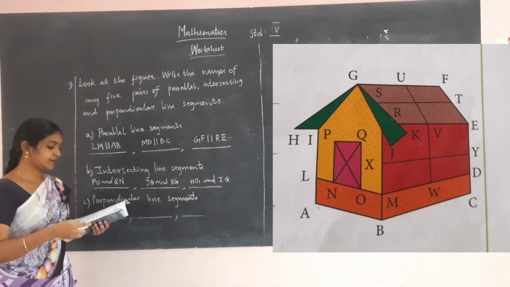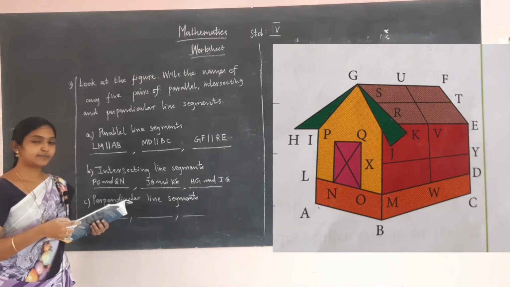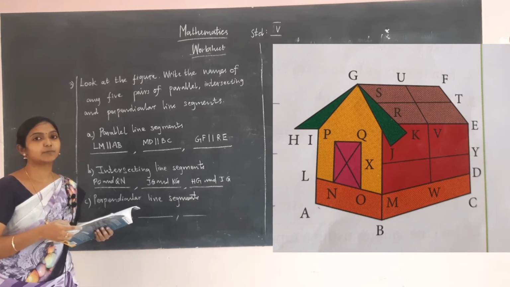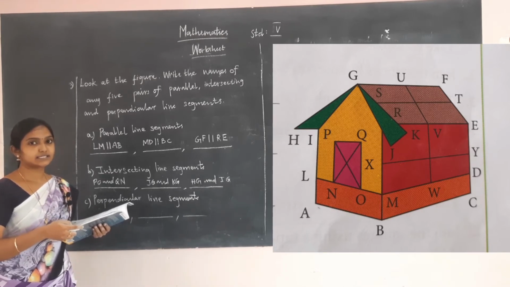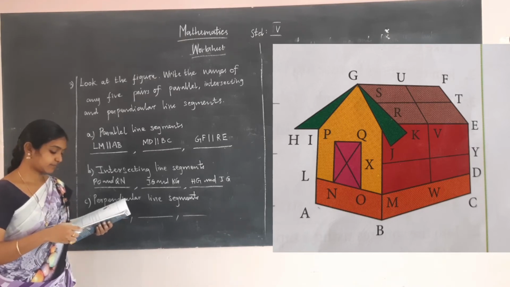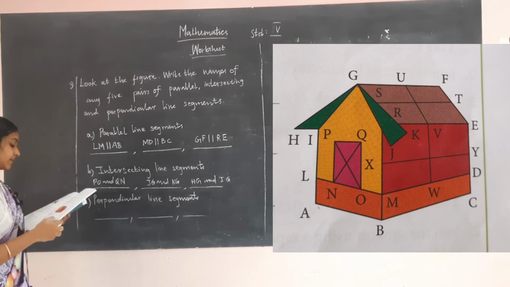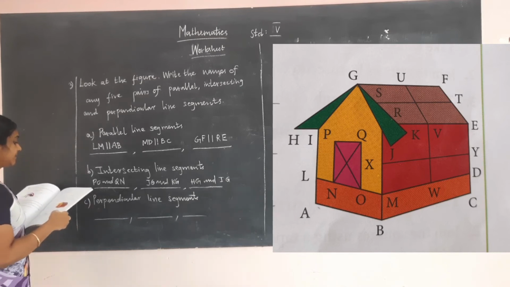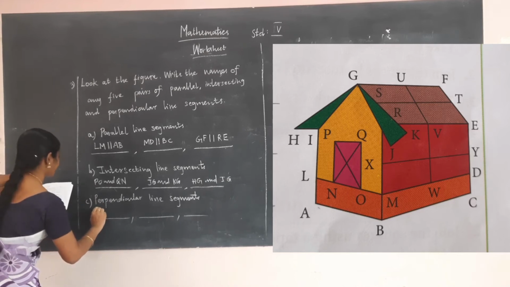Next we are going to find perpendicular lines. Perpendicular lines means when 2 lines intersect and the angle formed in between them is right angle, we call them as perpendicular lines. PN and PQ.